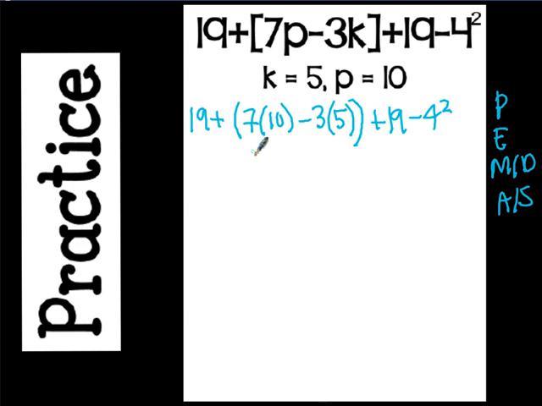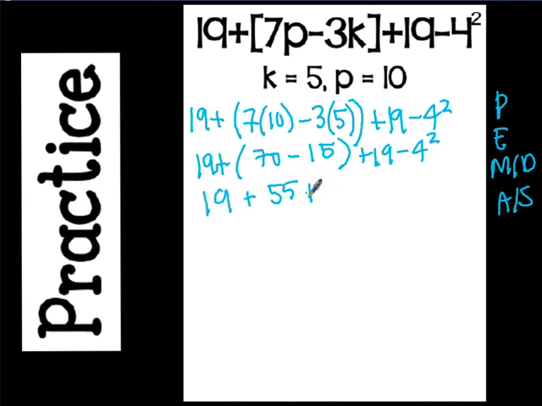So 7 times 10 is going to give me 70. And I'm going to subtract, and then what's 3 times 5? 15. So I haven't done anything with this stuff over here, so I'm just going to bring that down. So 70 minus 15 is going to give me 55. And now I have taken care of what's inside my parentheses.